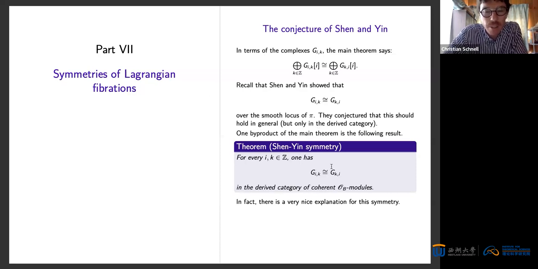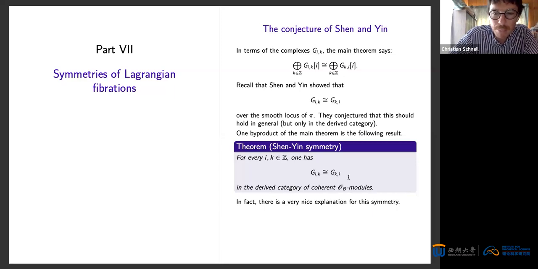They were able to show that on the smooth locus, the 2 things are the same, by an explicit operation that swaps the 2 things. And then they computed some examples that show that over the singular locus, it's more complicated.